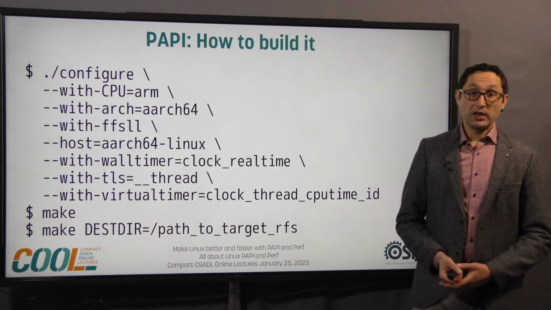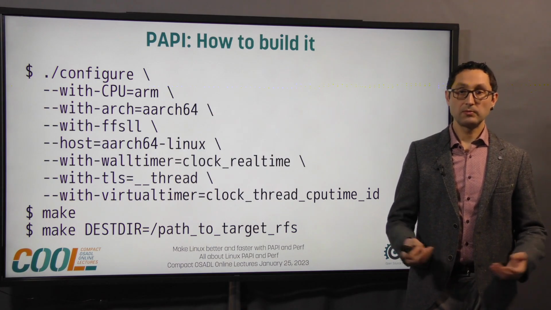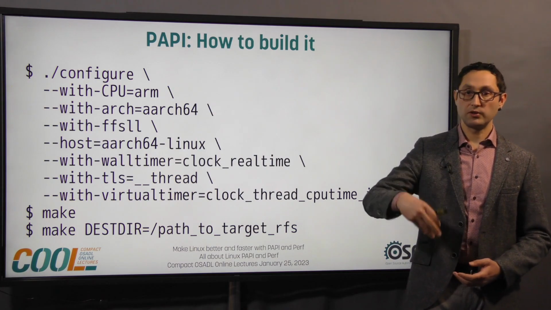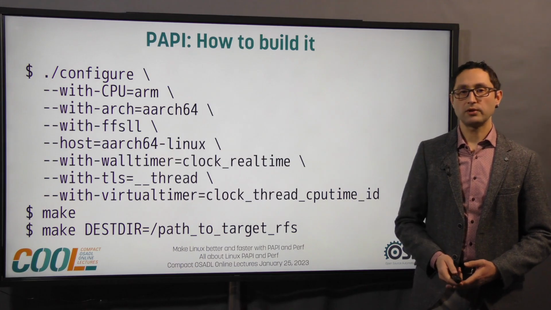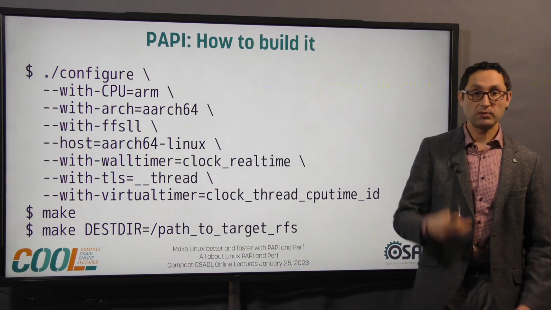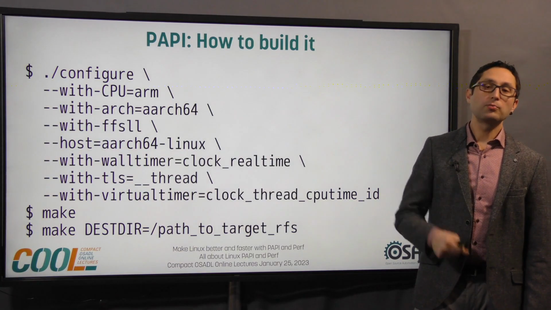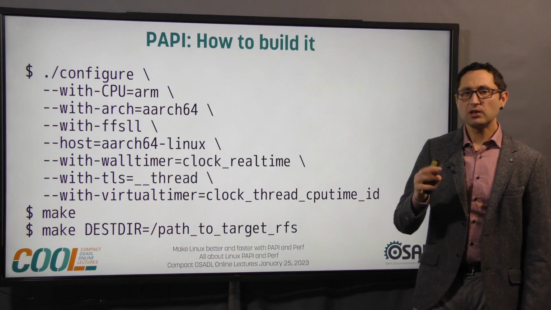Well, before we can use PAPI, we have to build it. It's based on a classical configure, make, install process. So this is how you would cross-compile it for an IMX8, for example. You need to provide a lot of information, which can be quite error-prone.